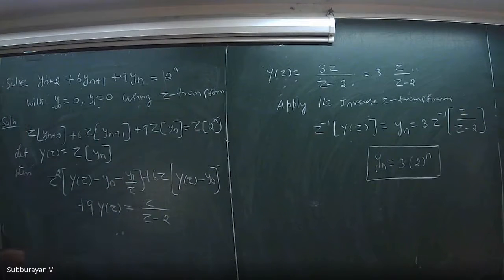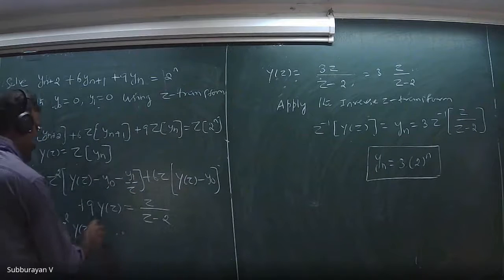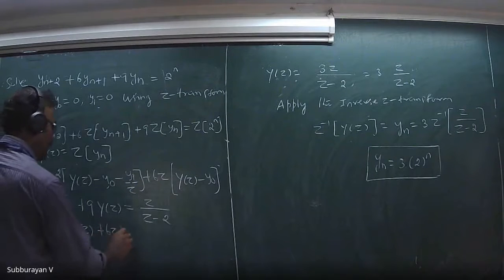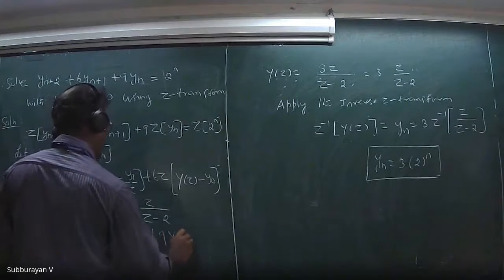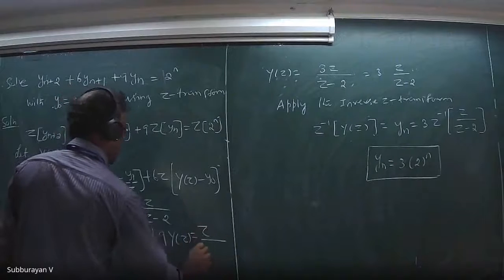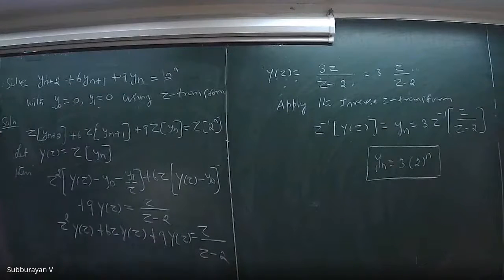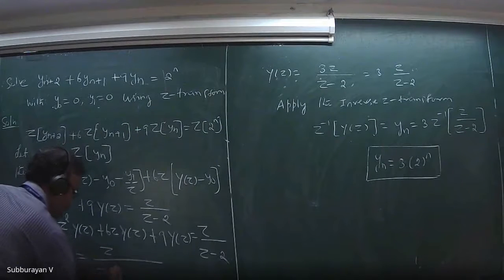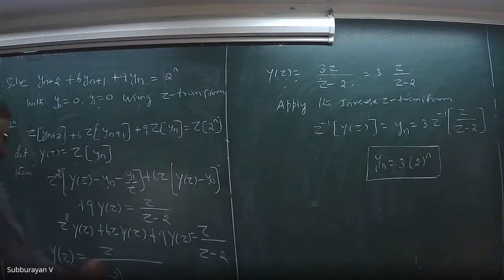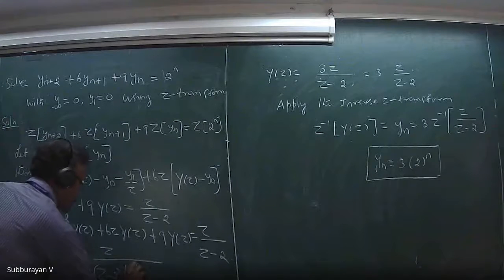Therefore you can write it as z square Y(z), and this will be 0, this will be 0, and then plus 6z into Y(z) plus 9 Y(z) equal to z divided by z minus 2. Therefore our Y(z) is going to be z divided by z minus 2 into, here, z square plus 6z plus 9.